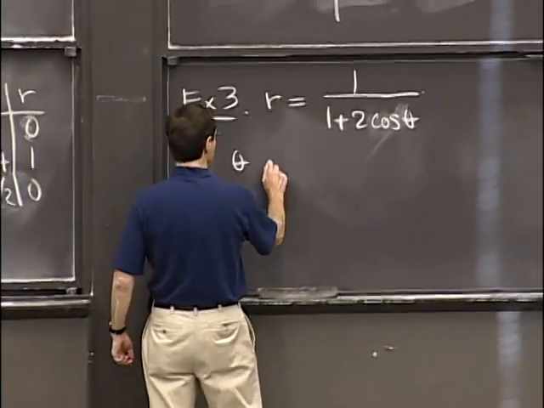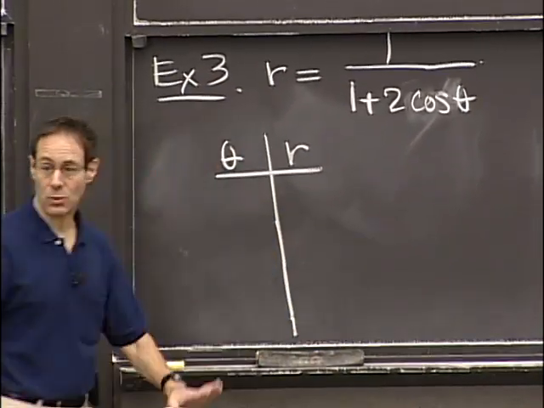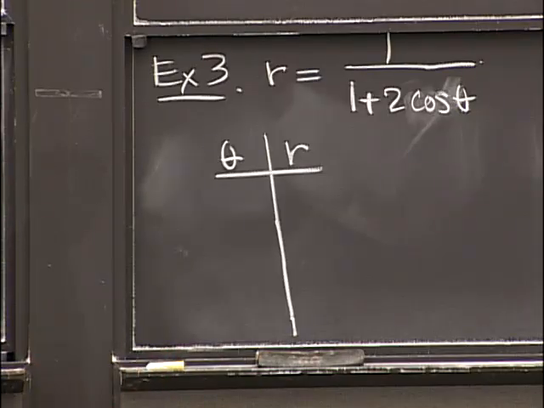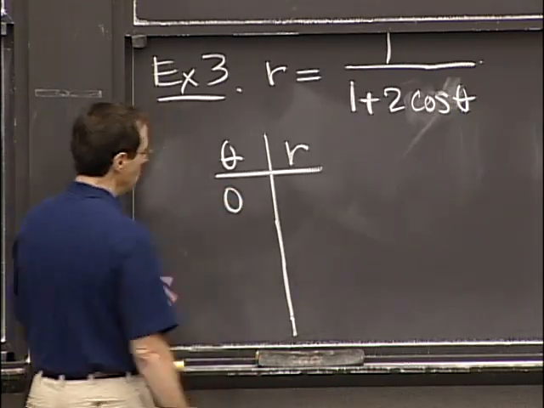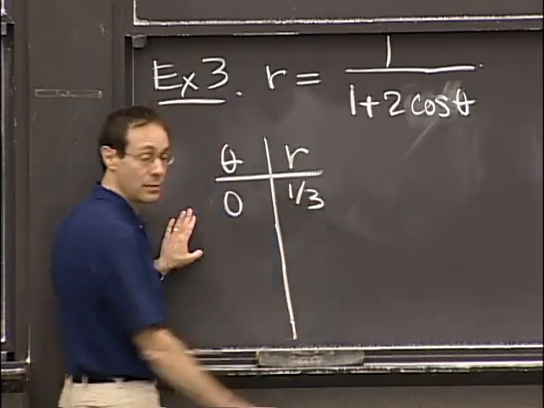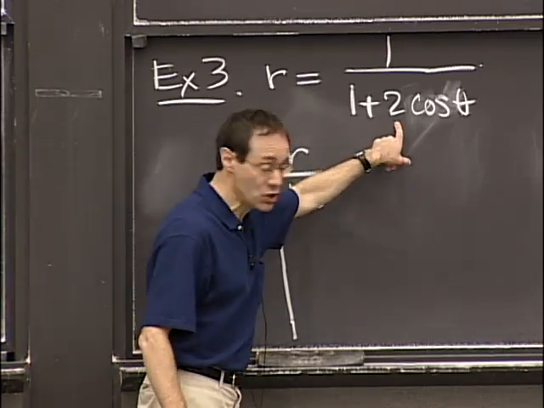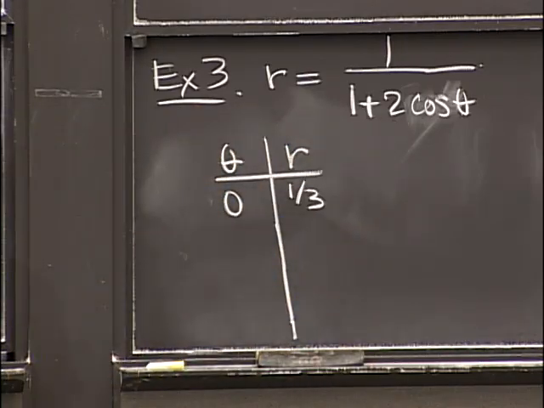So here's the values of θ, and here are the values of r, and we'll see what happens, and we'll try to figure out what it's doing. When θ is equal to 0, cosine is 1, so r is a third. The denominator is 1 plus 2, so it's a third.